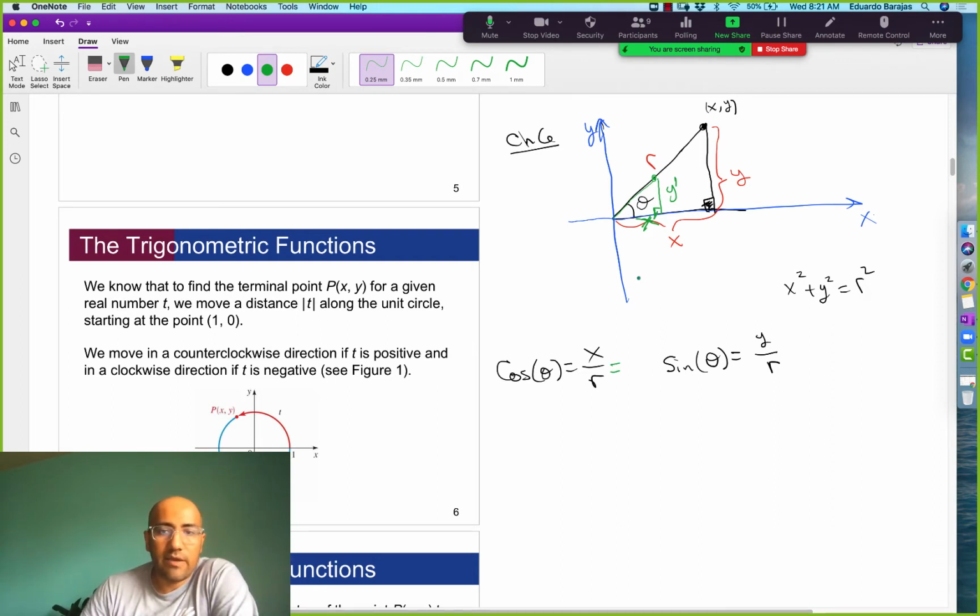Cosine of theta, it's the same angle, is equal to x prime over r prime, and sine of theta is equal to y prime over r prime. Right? So it doesn't matter whether you make a small triangle or a bigger triangle. It doesn't matter. The division of the length of its opposite side by the length of its hypotenuse is going to give you the same result.